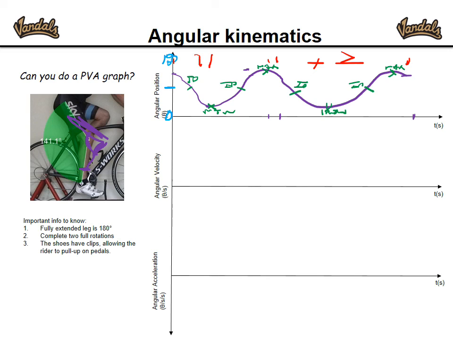Going forward, just draw all your lines down, right? So this is the big process. If you were able to get the position graph, you should be able to follow me all the way down and get the same acceleration graph, okay?